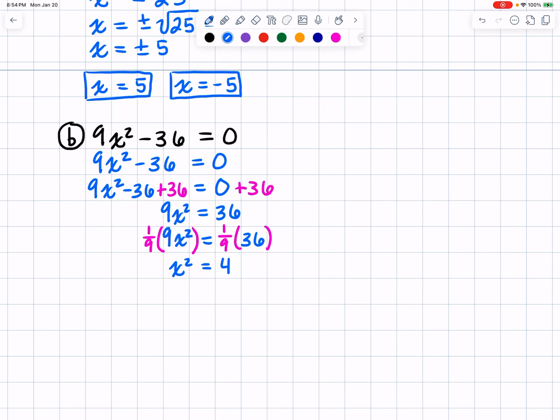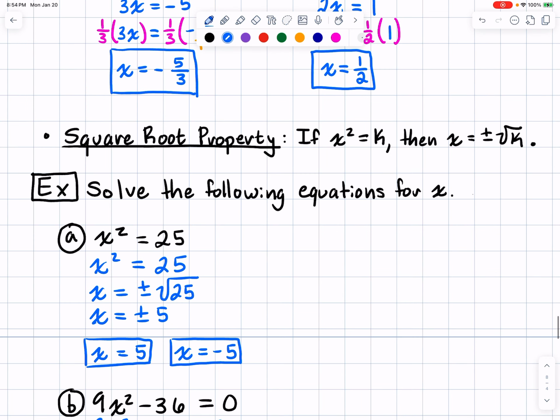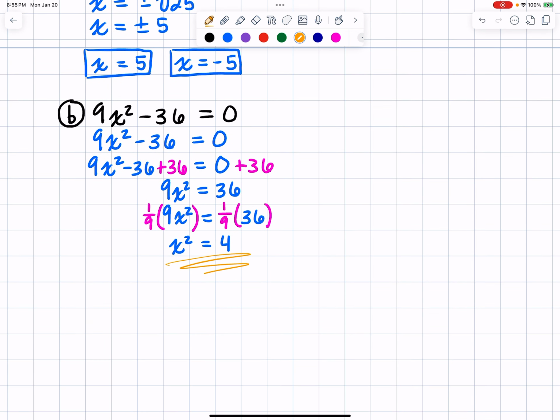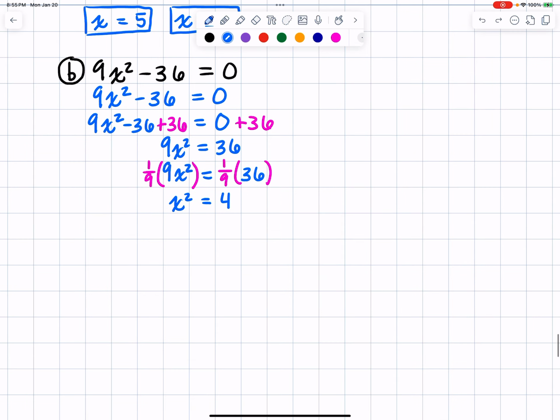All right, so now we can use the square root property. The square root property just said if x squared equals k, then x equals plus or minus the square root of k. So here we have x squared equals 4. So that means that x equals plus or minus the square root of 4. Now what's the square root of 4? If you put it in your calculator, it's 2.